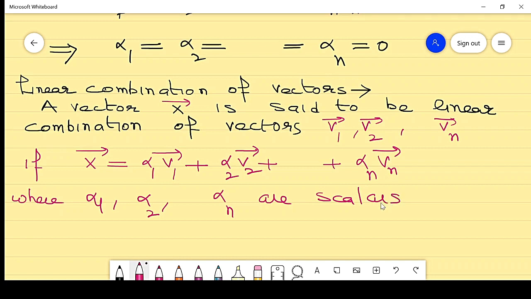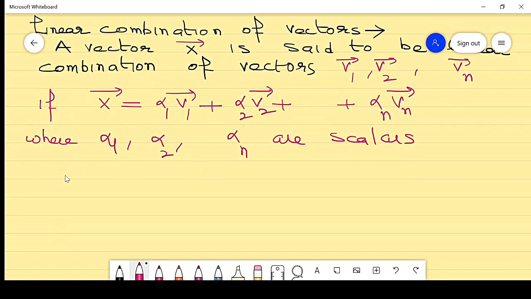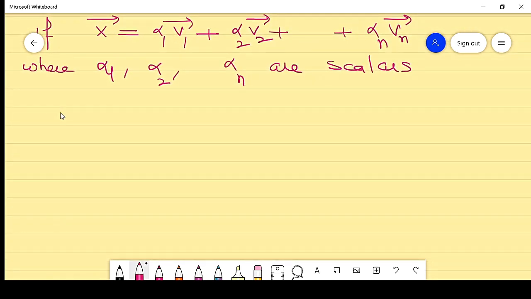So it is the definition of linear combination. So remember all these definitions: linear combination, linear independent, linear dependent.